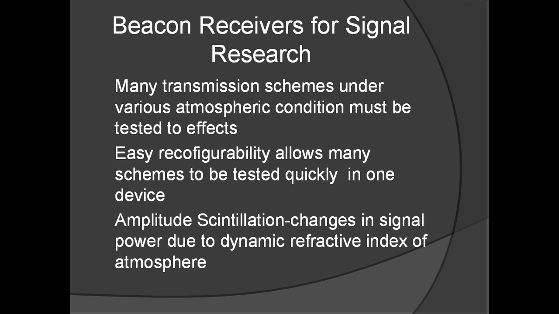In here, the authors focused on the property of amplitude scintillation for their signals, and this is basically the changes in signal power due to the dynamic refractive index of the atmosphere. So as turbulence or clouds or moisture in the air change through the many, many miles of the atmosphere, they have this effect on a signal, and this measures the overall effect of all the layers of the atmosphere together.